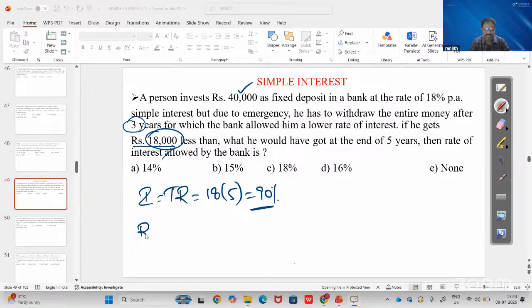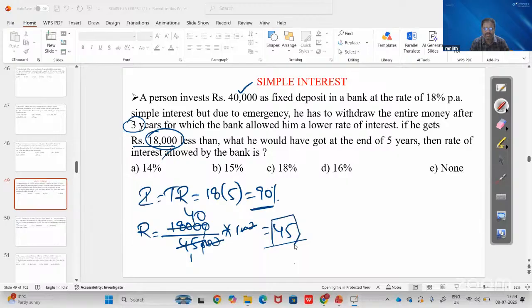In the sense, what rate of interest are we losing for 18,000? 18,000 divided by 40,000 into 100. Double zero cancelled, zero zero cancelled, that is 45 percentage. So the rate of interest we are losing after 3 years of investing is 45 percentage.